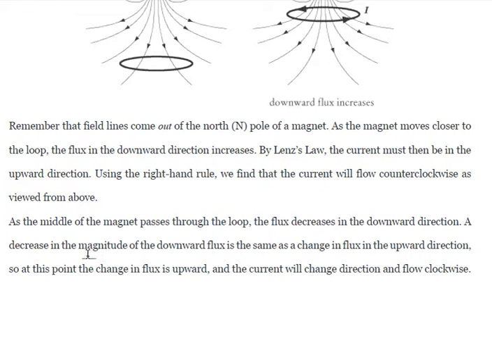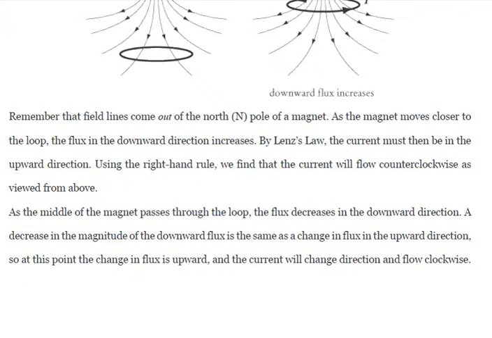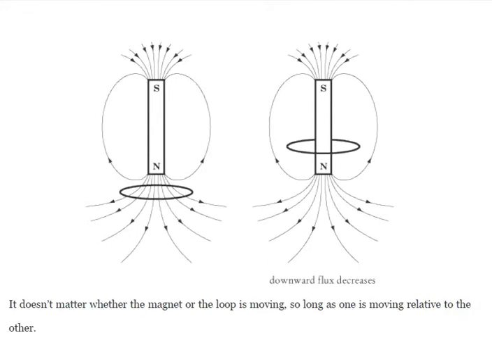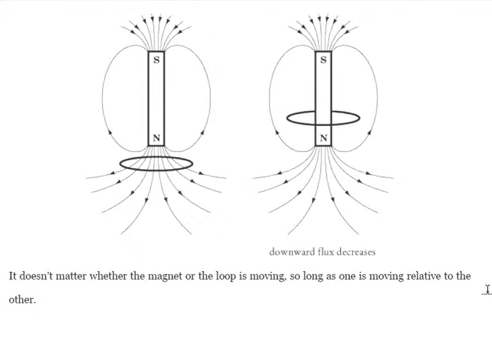To counteract the upward change, the loop would say, all right, now we need to create something that's going downward, and it would start flowing the other direction. You can see that in these pictures here. Once it's made it through, the downward flux decreases.